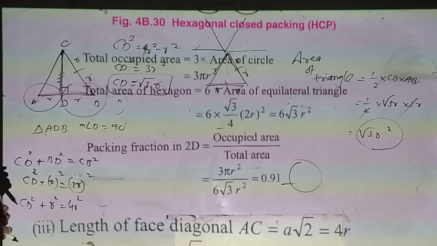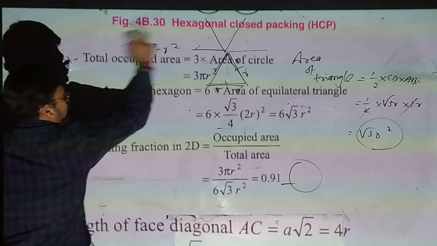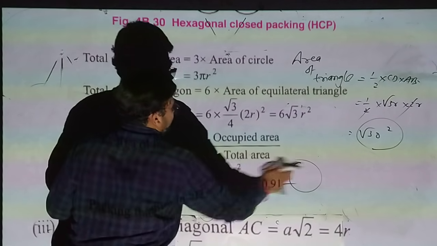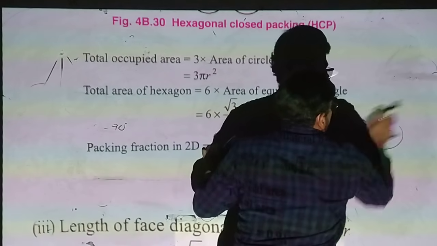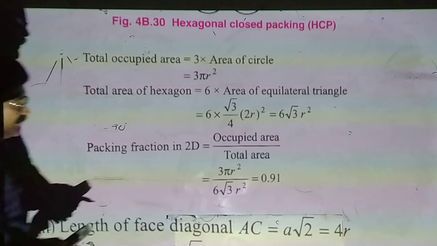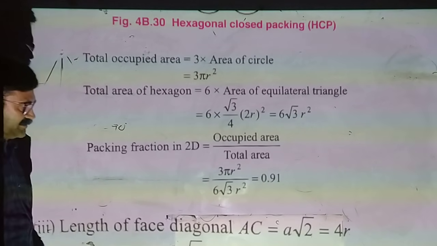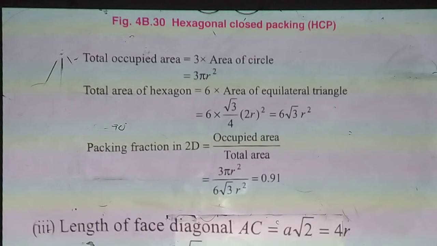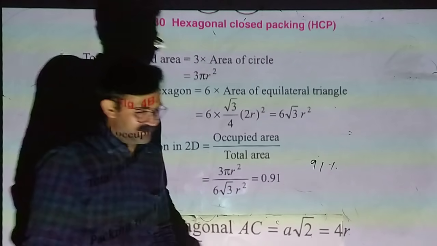So taking the fraction in 2 dimensions, the occupied area by the circles is 3 pi r square. The total area of the hexagon is 6 under root 3 R square. So it is 0.91. Multiply by 100, it gives 91%.